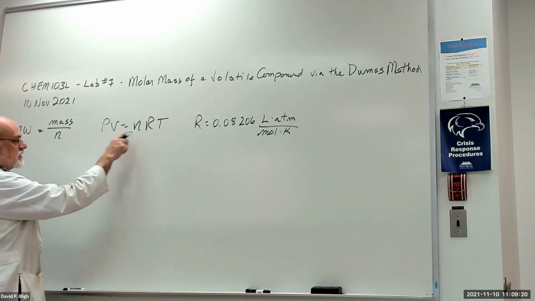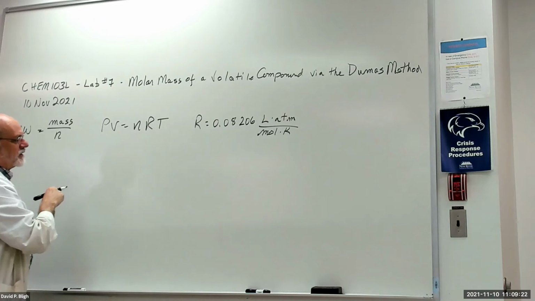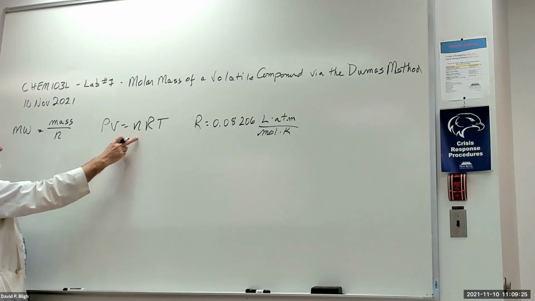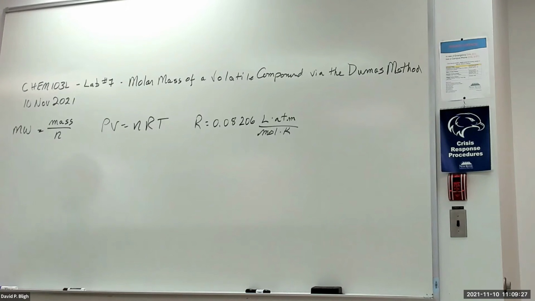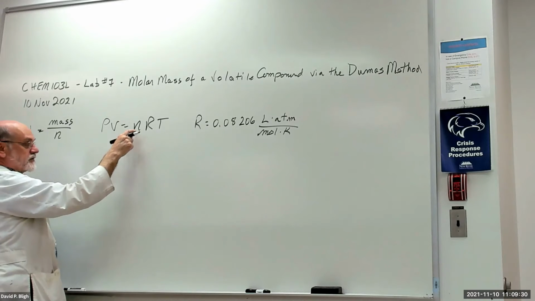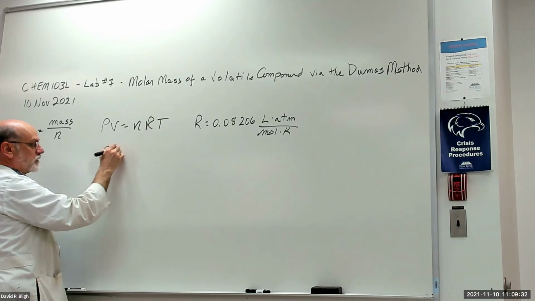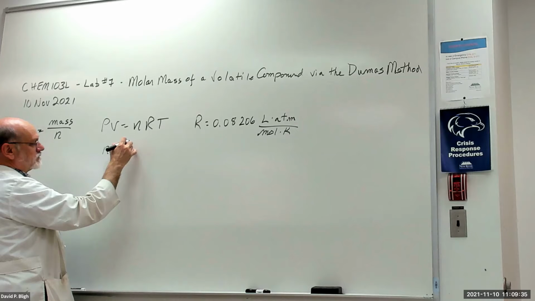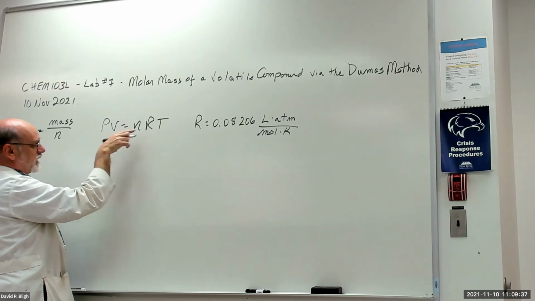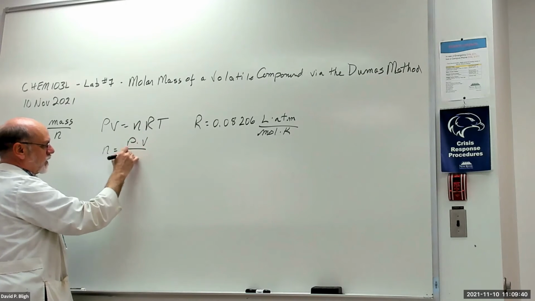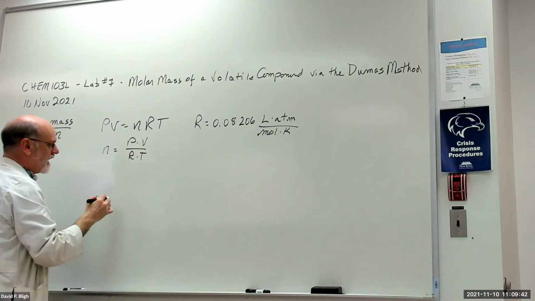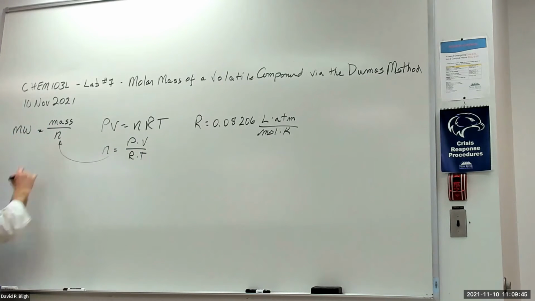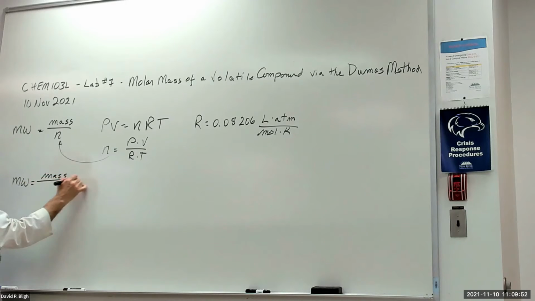You need to know these values, and you can solve for how many moles and then substitute in here. Or you can solve this one for moles: PV over RT, and then substitute that in here. So now the molecular weight is equal to mass divided by that monstrosity.